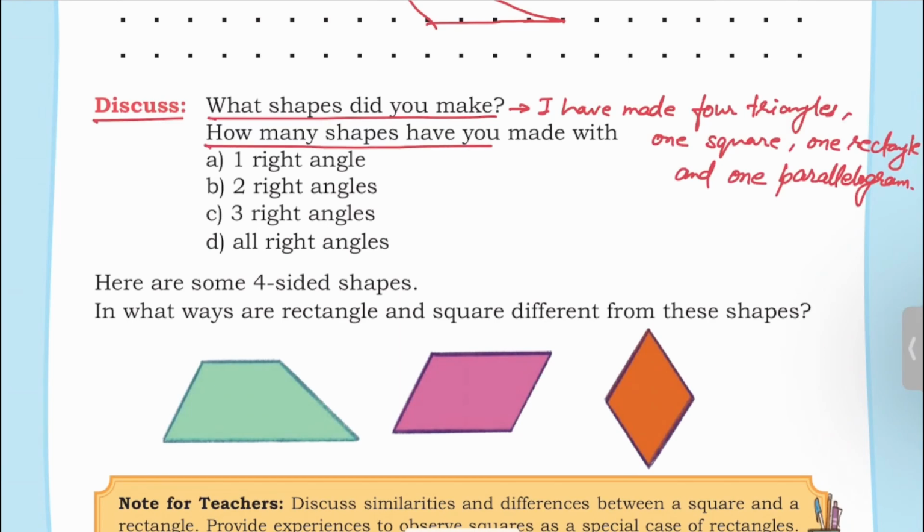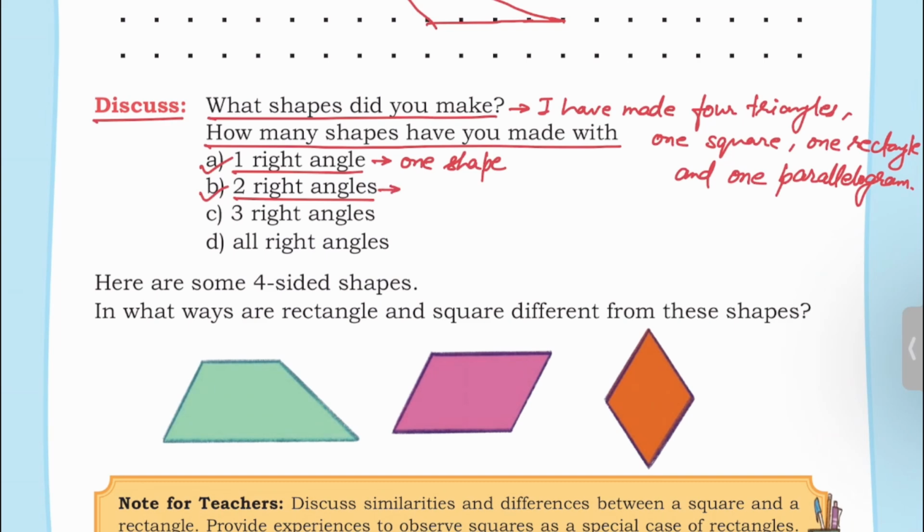How many shapes have you made with A. 1 right angle? I have made a triangle with 1 right angle. That means 1 shape. B. 2 right angles. No such shape is there.